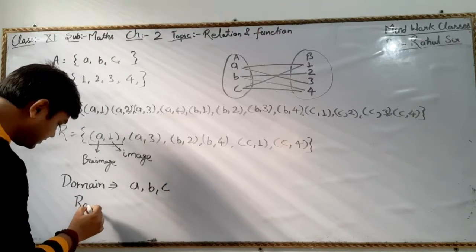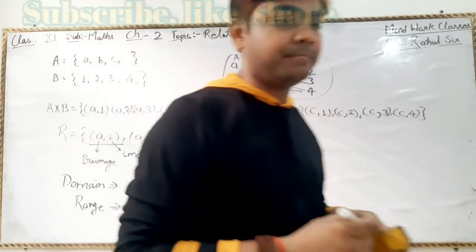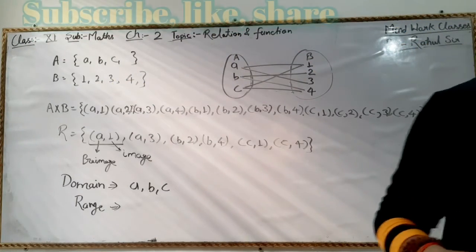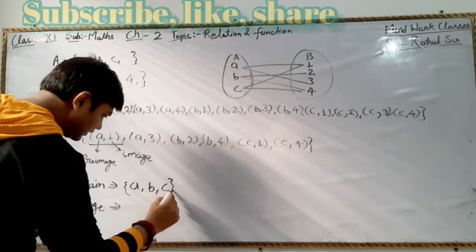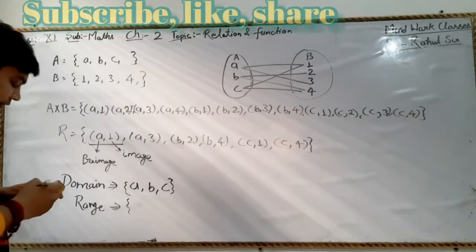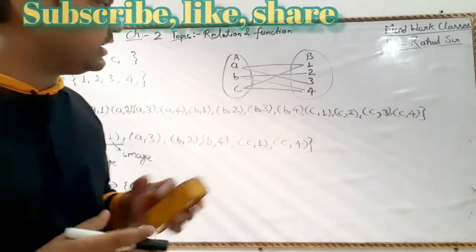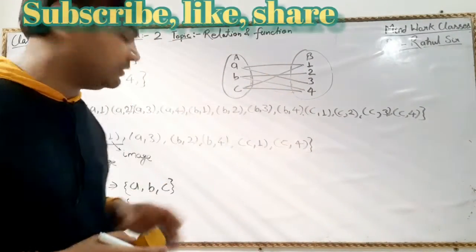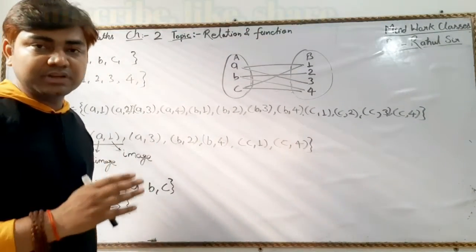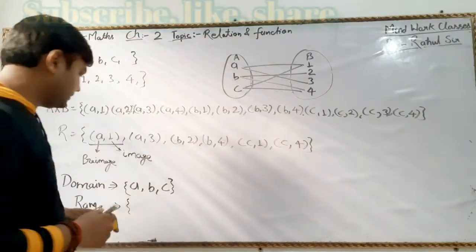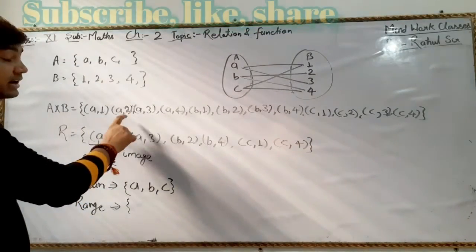Now range. What is the range here? For range, we have to find out whether these elements are connected with the elements of set B. Range includes all the second elements of the relation only, not the Cartesian product.